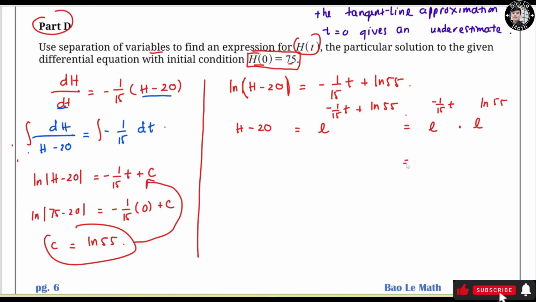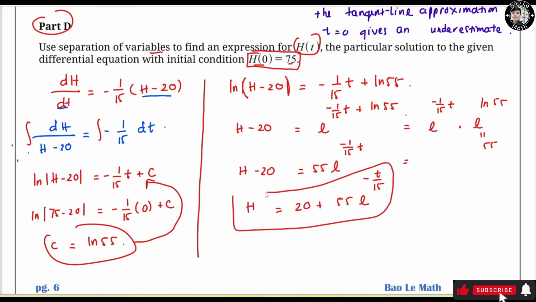And e raised to the ln 55 is actually 55, right? So we can bring 55 to the front. So we have h minus 20 equals 55 times e raised to the negative 1 over 15 t, right? Add 20 to both sides, so h equals 20 plus 55 e raised to the negative t over 15. This one is the final answer.